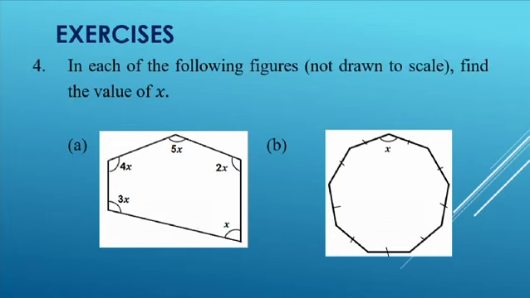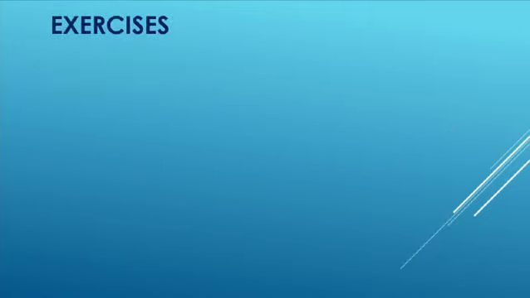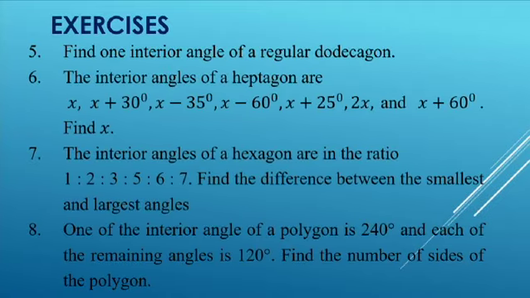Question 4. In each of the following figures, here again the figures are not drawn to scale, you need to find the value of x. Question 5. Find one interior angle of a regular dodecagon.